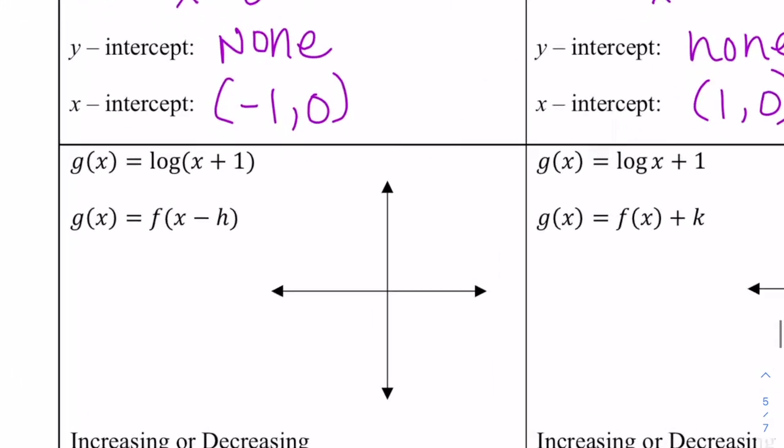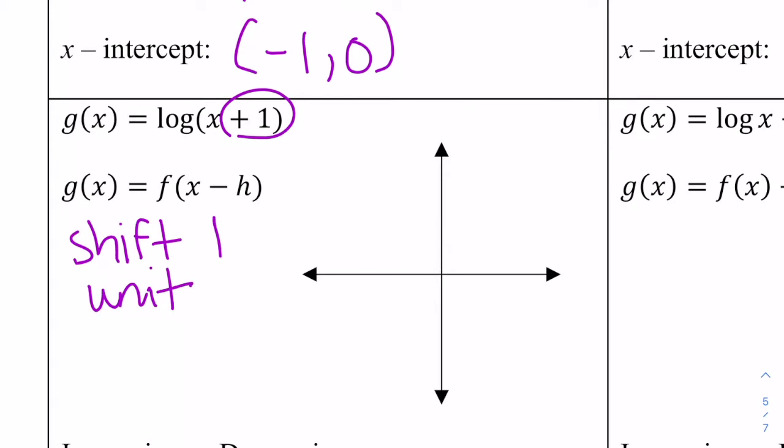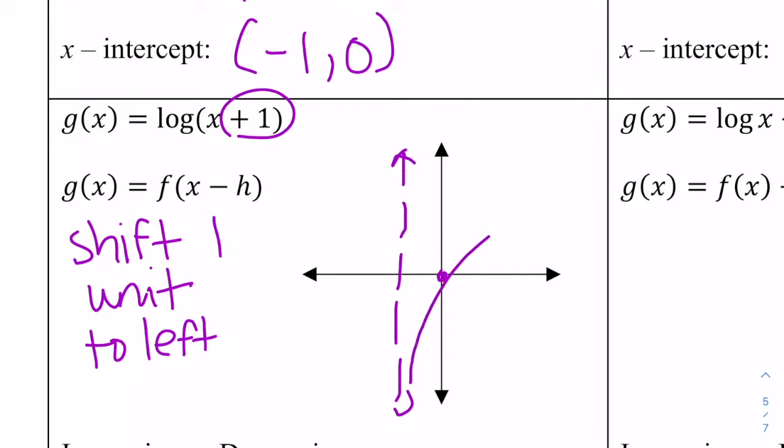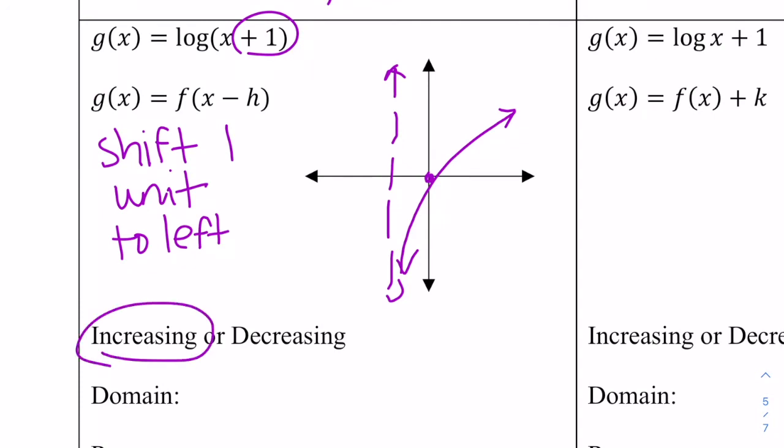Now let's look at a translation. This is going to make it shift 1 unit to the left. So that means the vertical asymptote will also shift, and the x-intercept will also shift. So this function is still increasing.